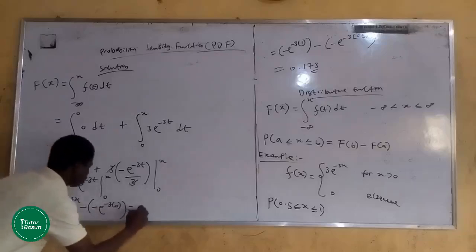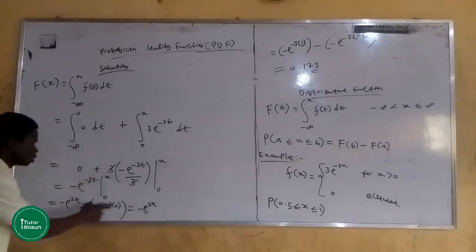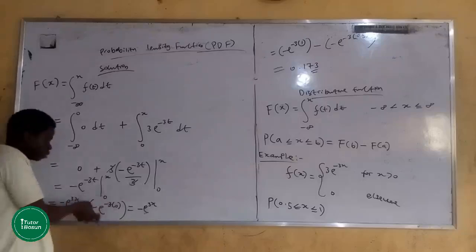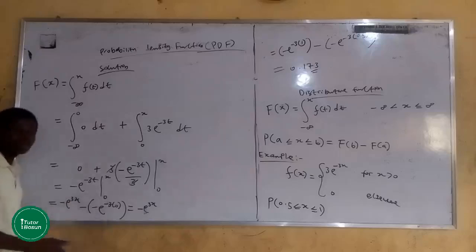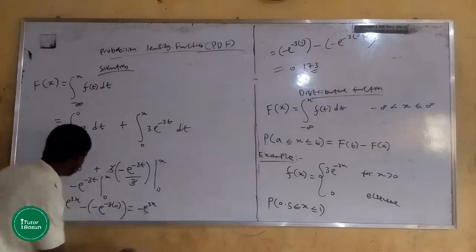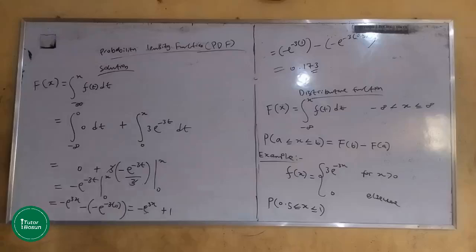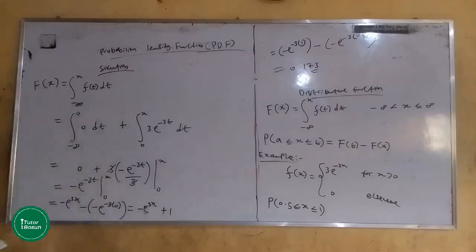Exponential minus 3 times 0, and minus 3 times 0 gives us 0. Anything to the power 0 becomes 1. So automatically here is 1, but we have minus here, so it becomes minus 1. And minus is also outside here; minus times minus becomes plus. So we have everything to be plus 1.